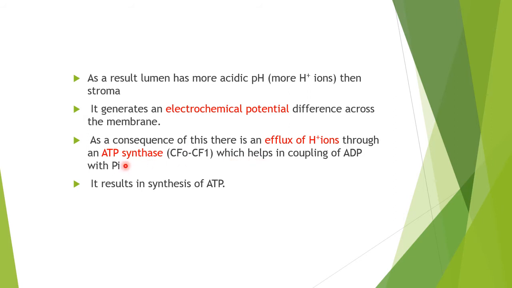That results in the synthesis of the ATP. This concept at least we have seen in oxidative phosphorylation when we went through the chemiosmotic hypothesis proposed by Peter Mitchell. We will explain that hypothesis here also, because it also explains the ATP synthesis in the chloroplast.